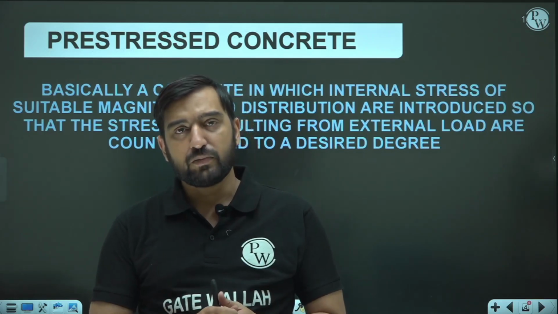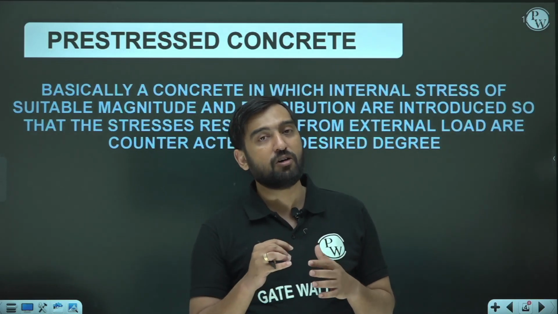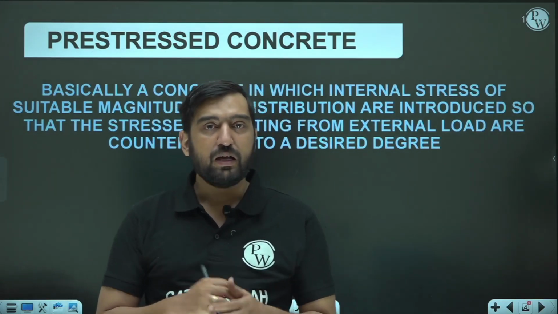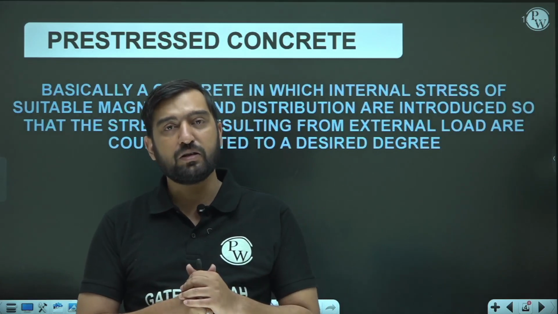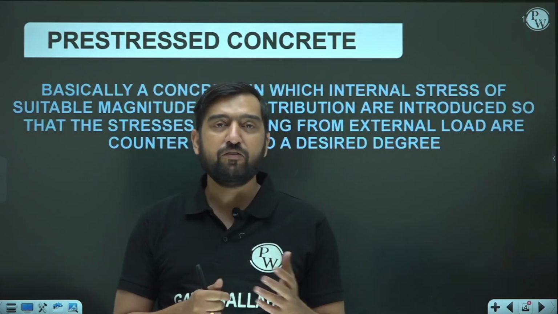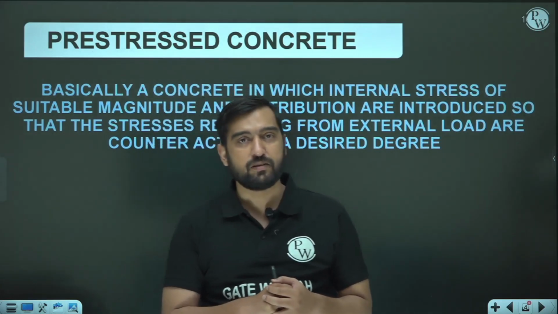not the full section is utilized properly, because we know that concrete is good in taking compression, but in the tension zone it is not able to resist cracks. Okay, so tensile cracks were there, and we actually ignored the entire cracked portion in our conventional RCC.